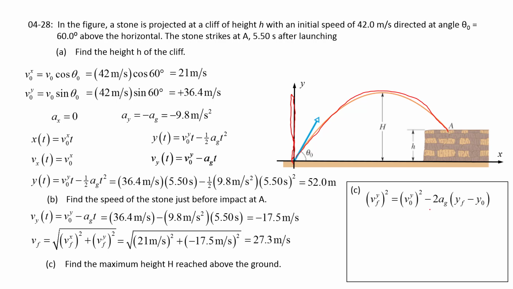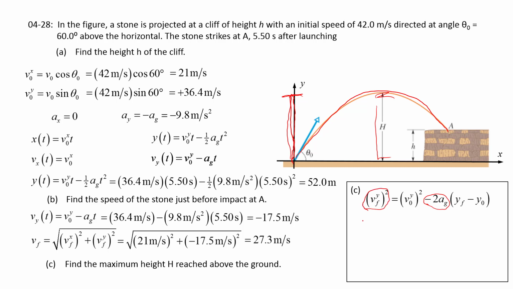And here, notice again, a minus sign comes in because the acceleration is in the negative direction. The y final minus y0 is, of course, just the height h. So that goes in there. And then remember that the vertical component is what matters here. At the top of the trajectory, the y component of the velocity is 0. So in fact, this guy is going to be 0.